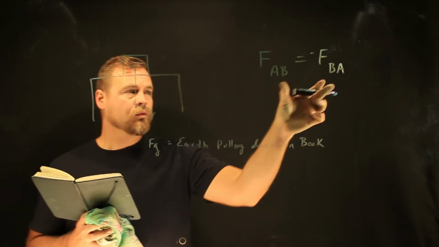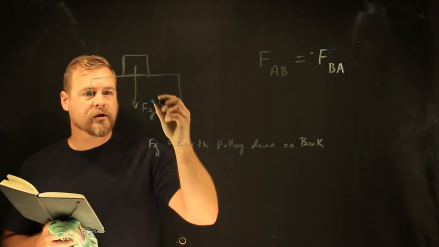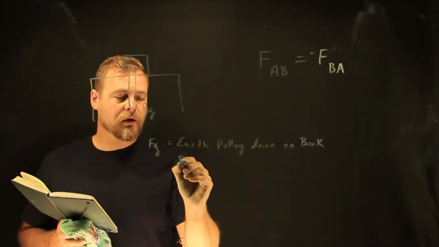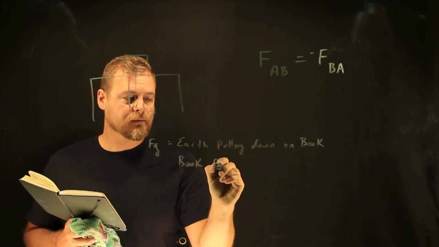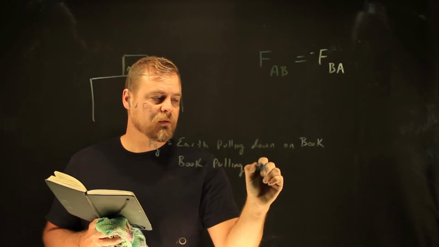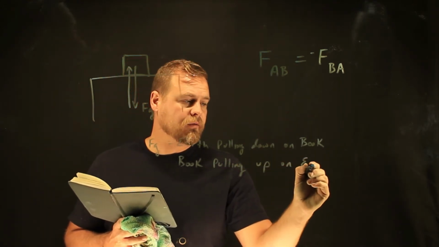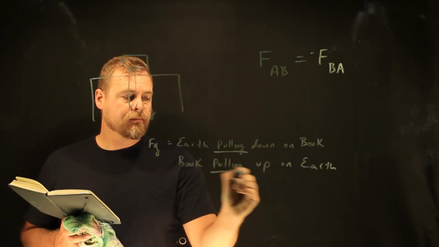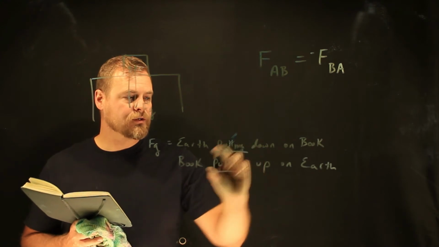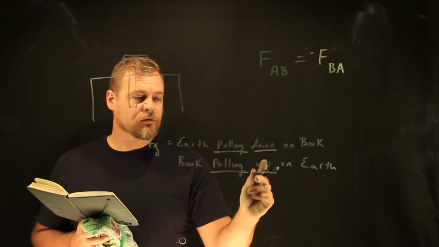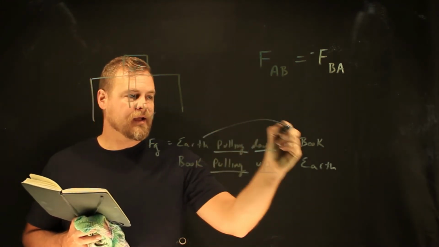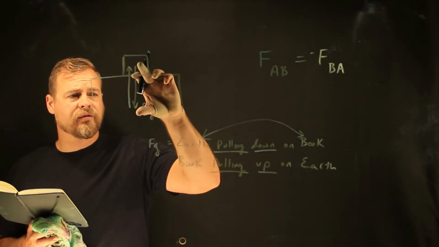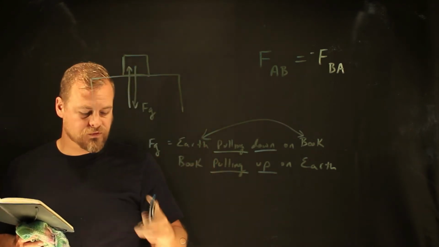Well, according to this rule, that also means that there is a paired force of the book pulling up on the Earth. Right? So I have the same term, what I'm doing, my action. I have the opposite direction, and I have changed my objects. Okay, these are paired forces.